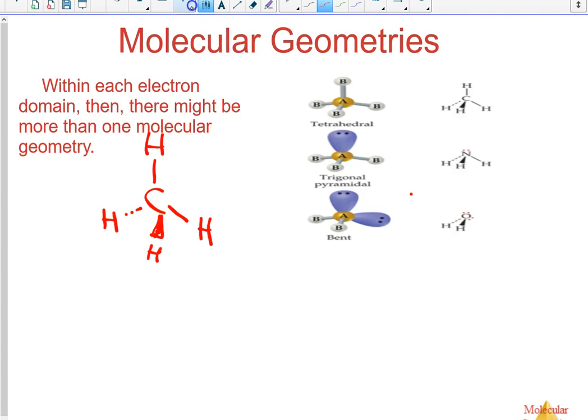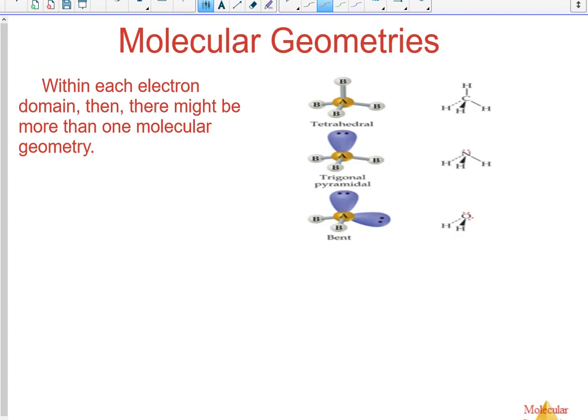So, with each electron domain then, there might be more than one molecular geometry. And this is where that question answer comes from at the start. And I really want to encourage you to actually read the textbook and look through these, because it does help to understand these.